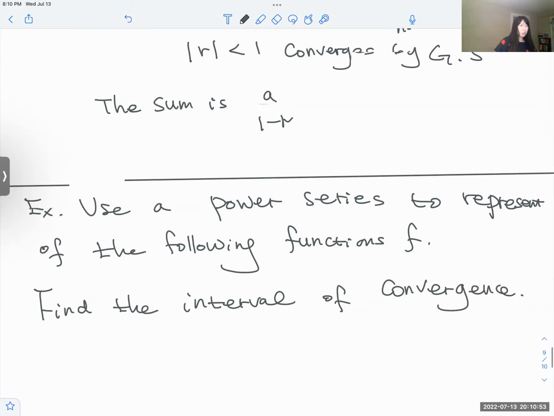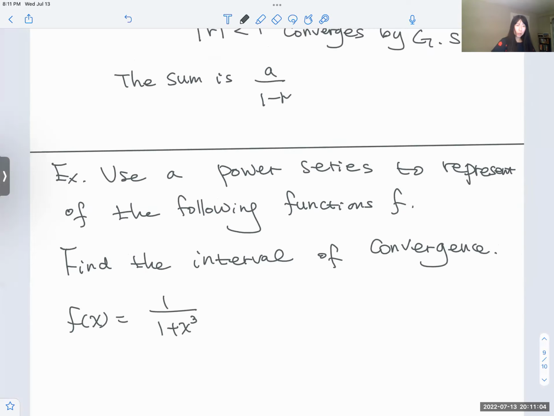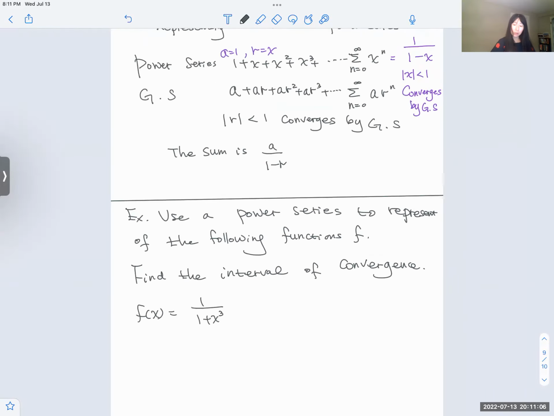We have f of x equal to 1 over 1 plus x to the third power. I explained earlier that the form is 1 over 1 minus x.